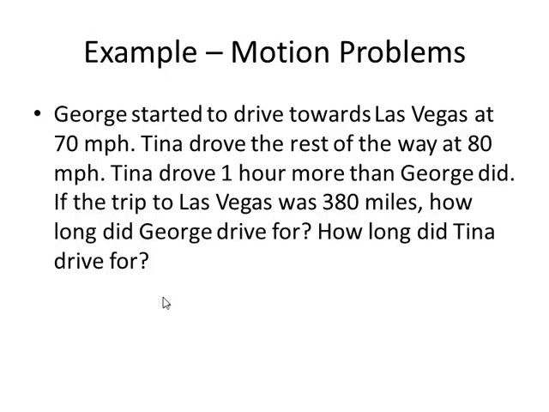First, I'm going to list the driver, George and Tina. And I'm going to list the rate for each, the time for each, and the distance for each here. And we're going to have to figure out where our equation is going to come from, but let's start picking off information. George drove at 70 miles per hour.